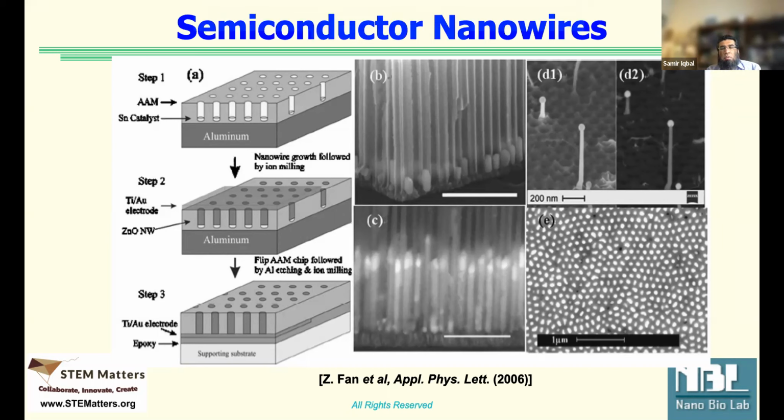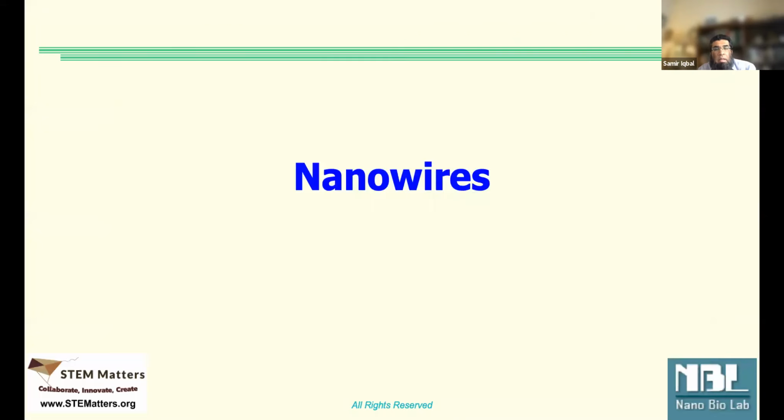And those can be used to do whatever you want. You can break them apart from the surface, so you can have a solution where all those nanowires are free floating, and can be transferred on the chip. Now, nanowires is another area where lots of biosensing work has been done.